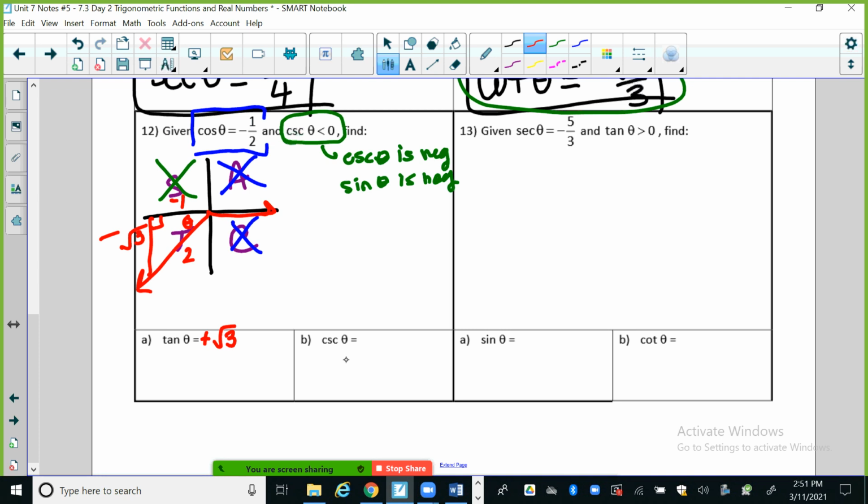Cosecant of theta, which is hypotenuse over opposite, so that would be -2 over square root 3, which we would rationalize to get -2 root 3 over 3. Questions on 12?